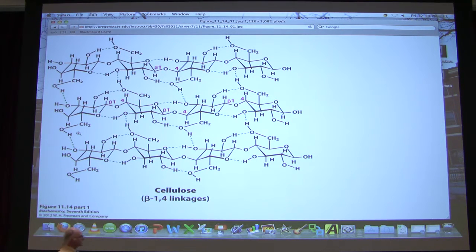And that very slight difference converts cellulose from something that we can digest into something that we can't digest. We can digest amylose and amylopectin very readily in our digestive system. We have enzymes that will break them down because they're full of alpha 1,4 bonds. Cellulose has beta 1,4 bonds. We can't touch them.